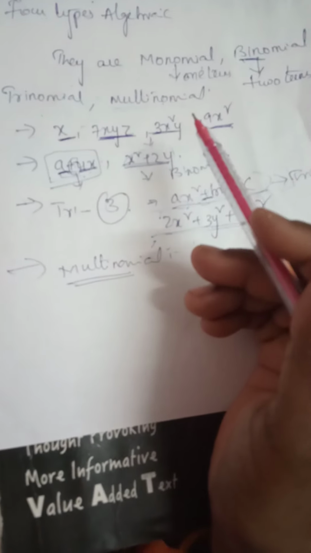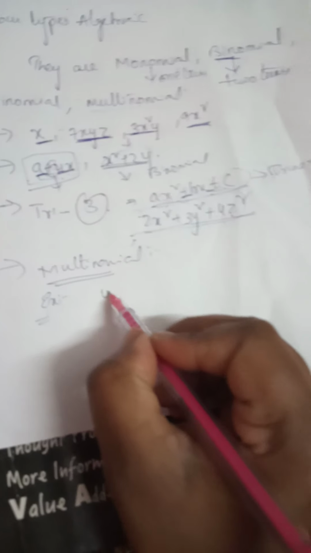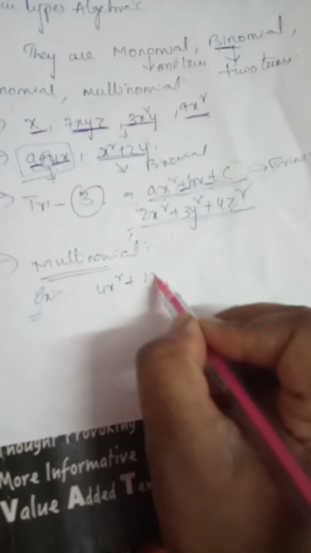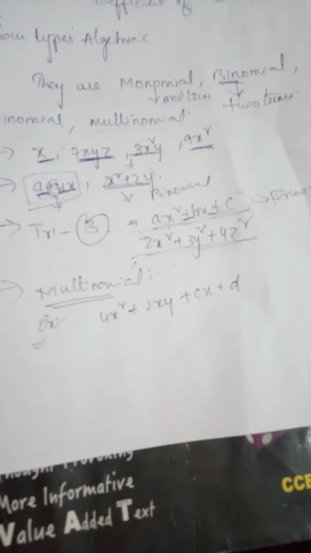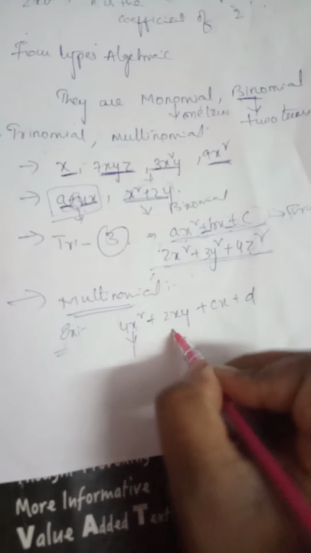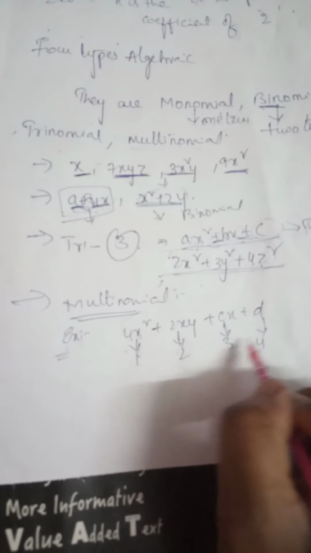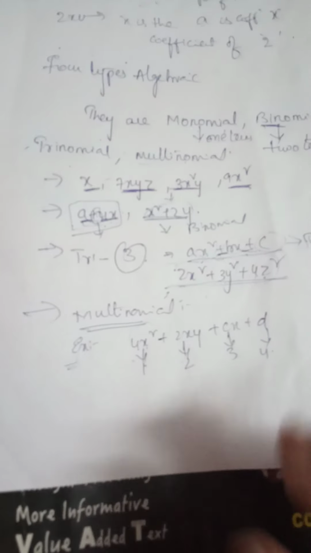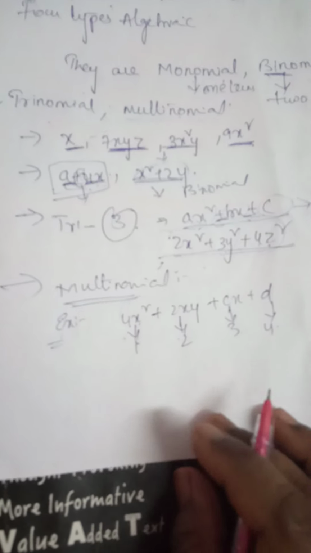For example, 4x square plus 2xy plus cx plus d. Here 4x square is the first term, 2xy is the second, then the third, and the fourth. It may be more than 5 or more than 6 also. It is considered to be a multinomial.